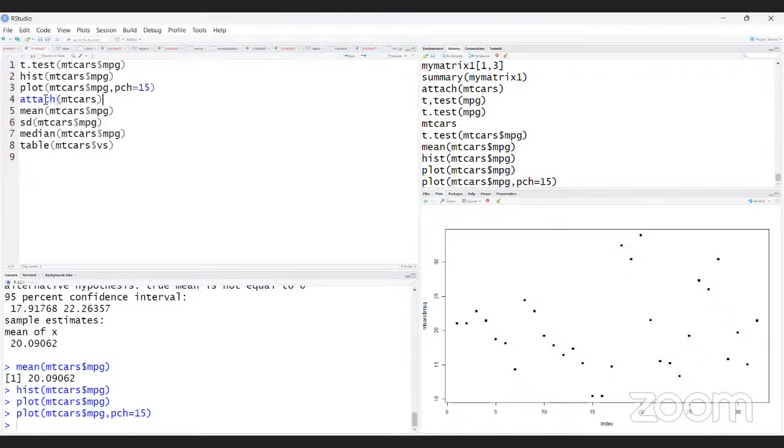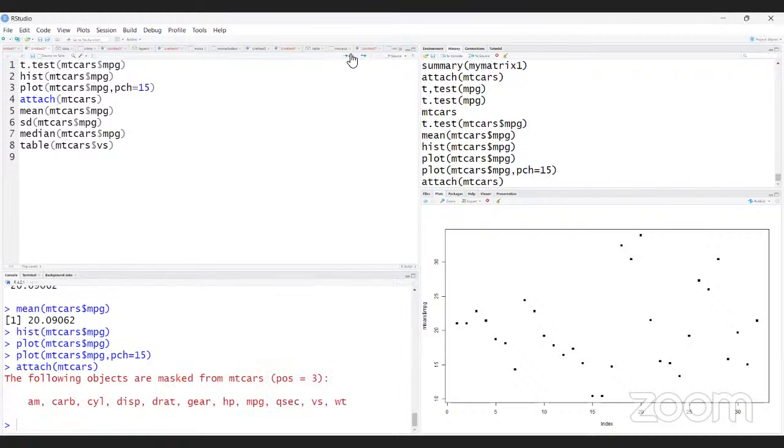Okay. Then again, I use the run command. So it is attached. Now, instead of repeatedly writing mtcars, I can use only the variable name. For example, I am writing this one.